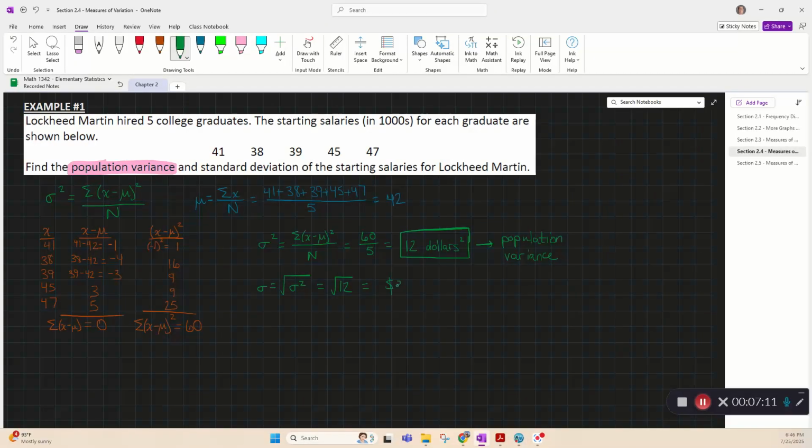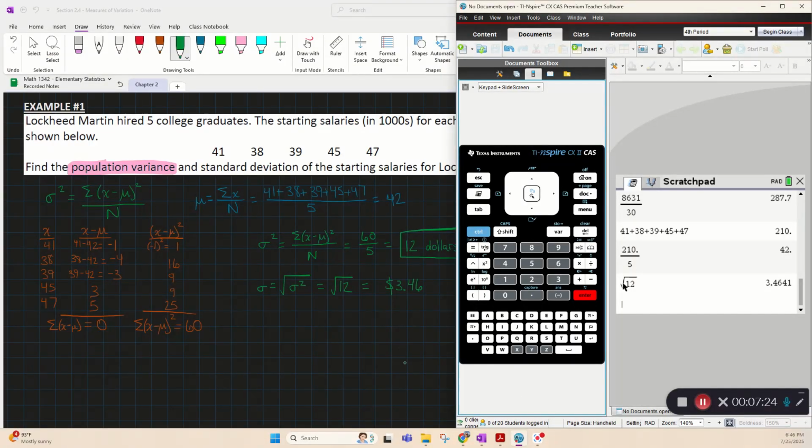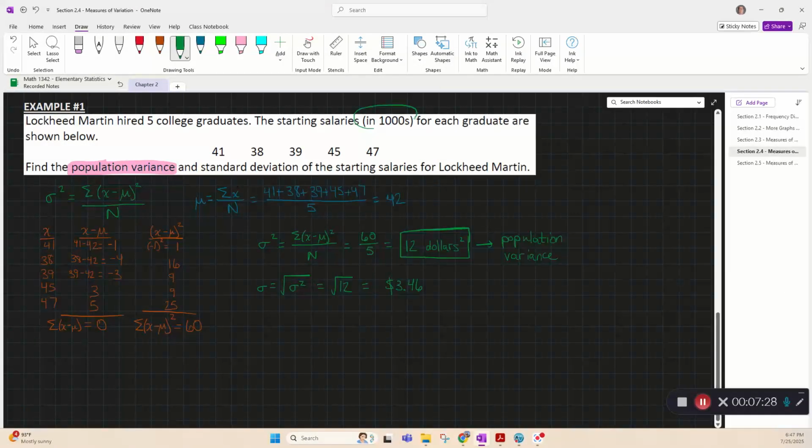So 3.46. But really, this is thousands. Oh, hold on. Let's think about this. This is thousands of dollars. See up here where it says in thousands?